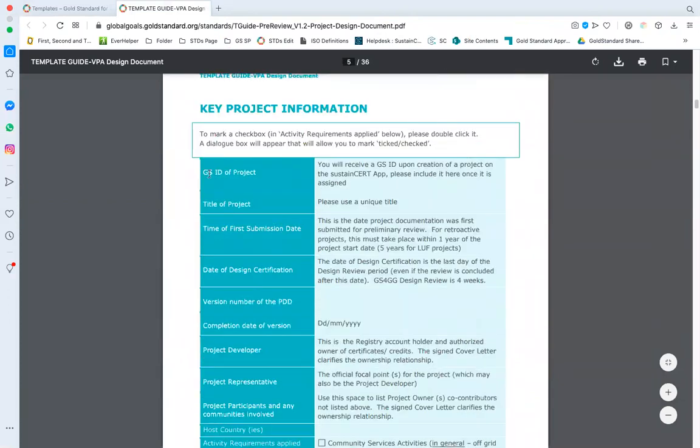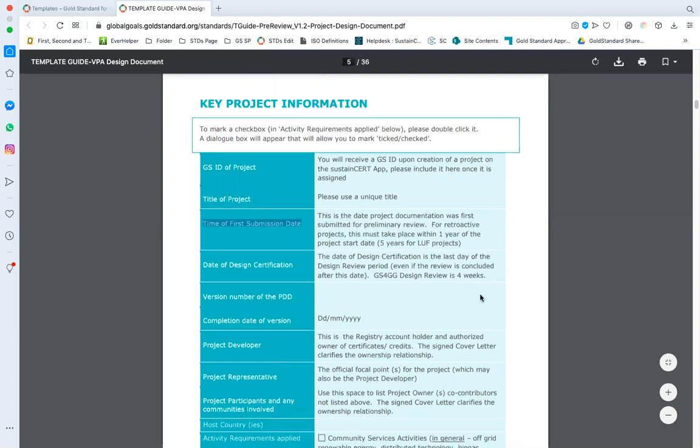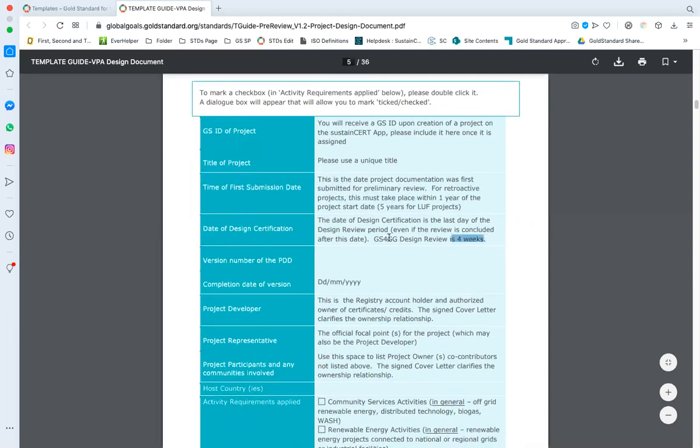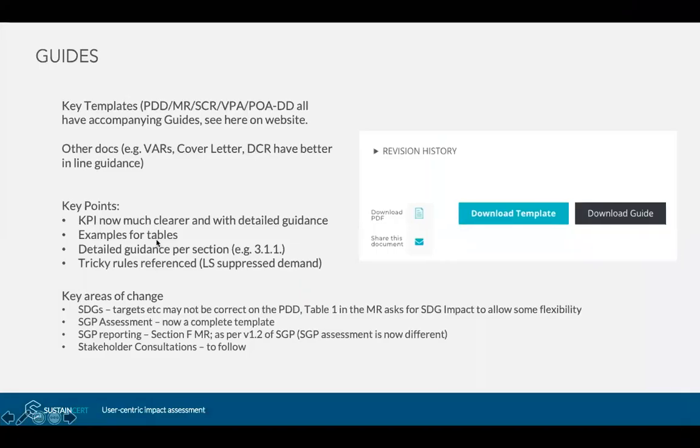Previously on templates, there was just an empty box, whereas now there's some explanation about what each field is and what it requires, and there's also a signpost to rules and relevant information. We hope that's useful.